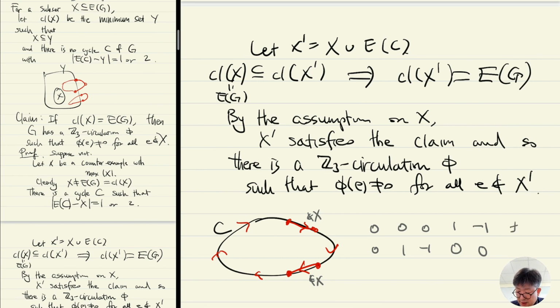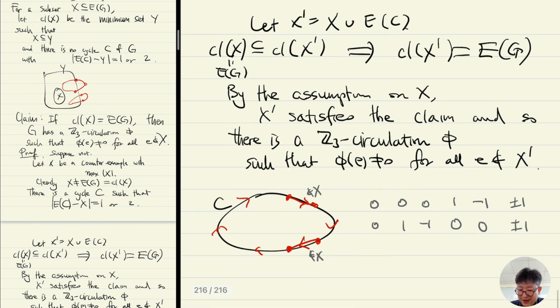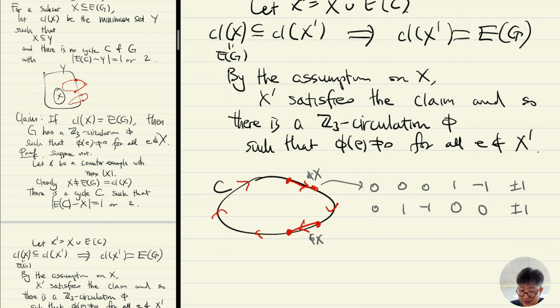Or both of them are non-zero, right? I could have written plus minus 1. Anyway, these are the possible values of phi for those 2 edges not in X, but in C.